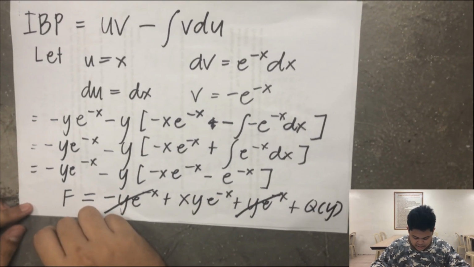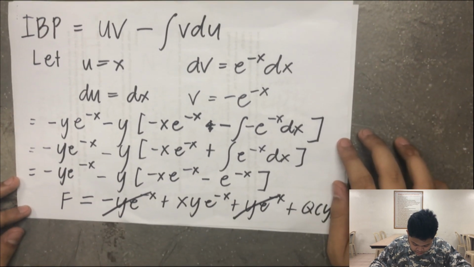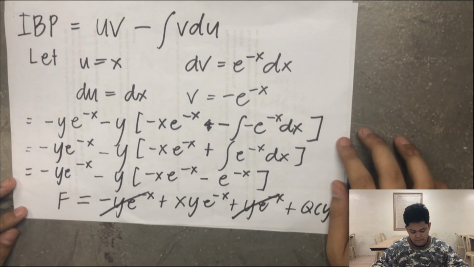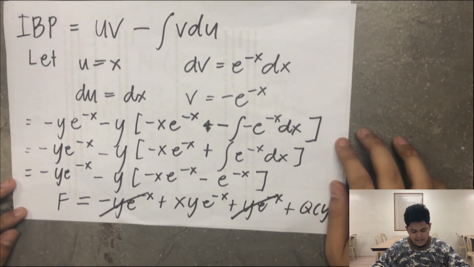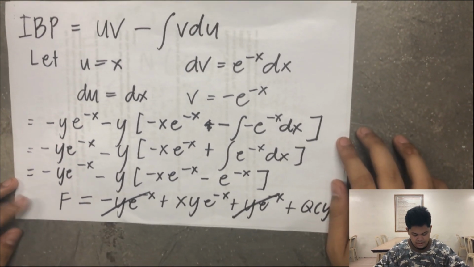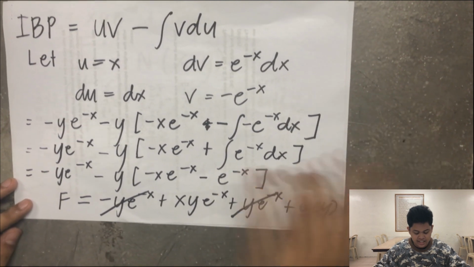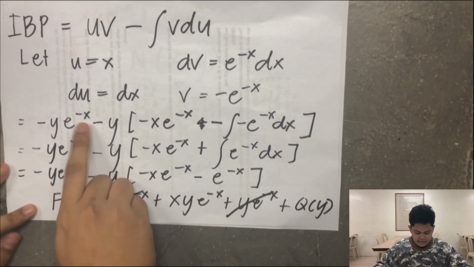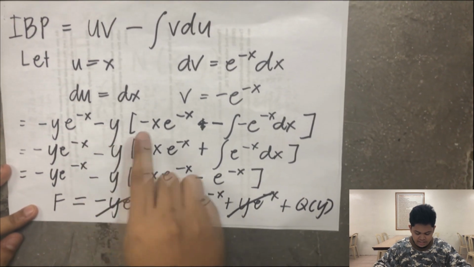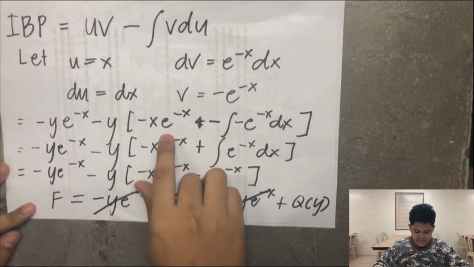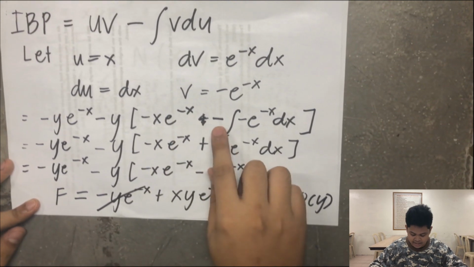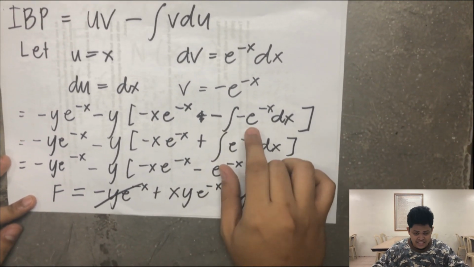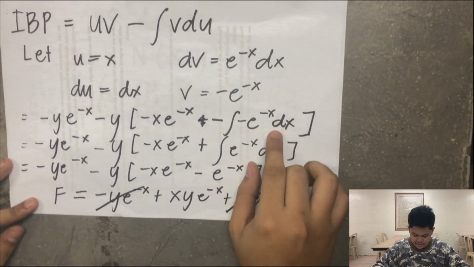Next, this equation will be solved by the next step. Negative y e raised to negative x minus y, the quantity of minus x e raised to negative x minus the integral of negative e raised to negative x dx.